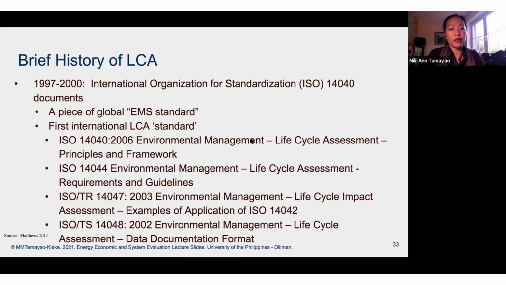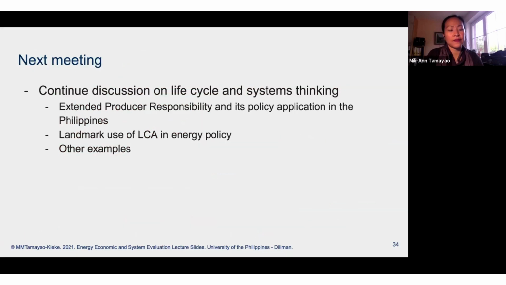The first one, environmental management life cycle assessment principles and framework. The second one shows you the requirements and guidelines, and then you have examples of application, and you have data documentation format. So I will share these documents later on with you. Okay, so it's like they had to do this so that the community will have a language. Okay, a language that they can use so that they can understand each other.